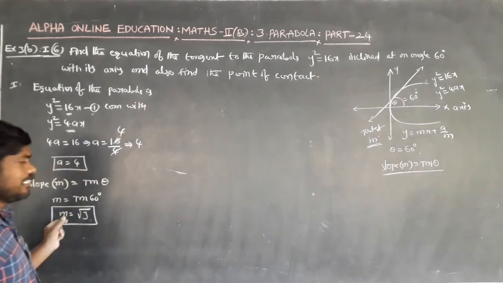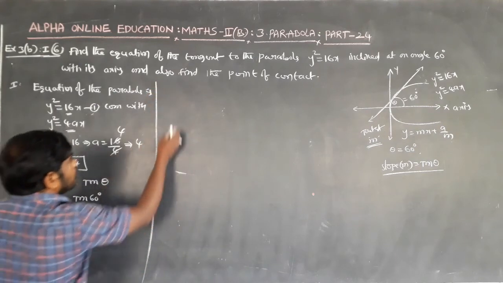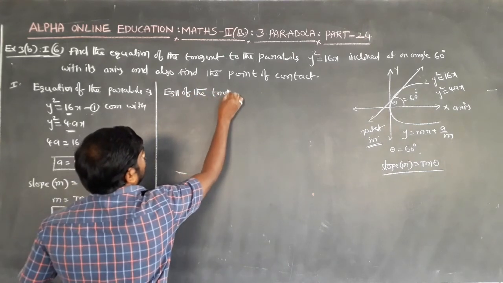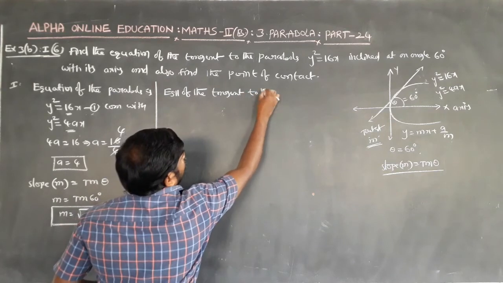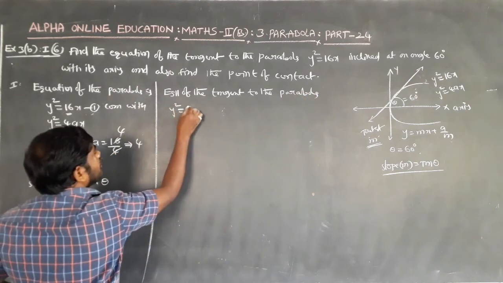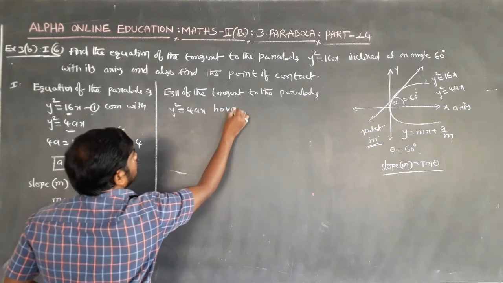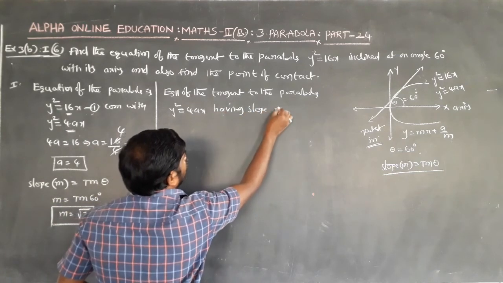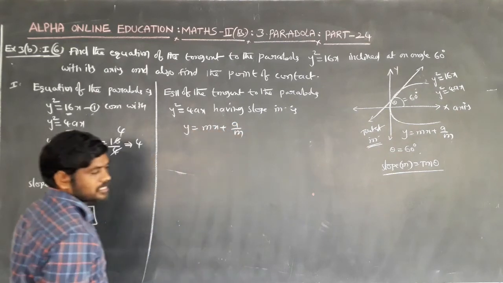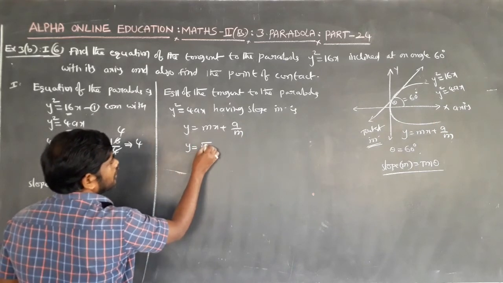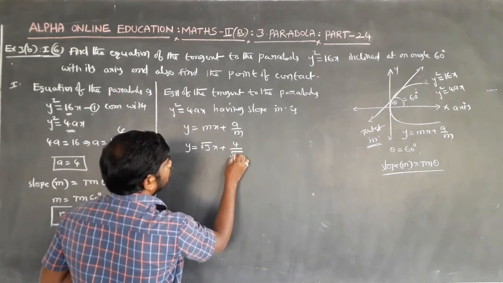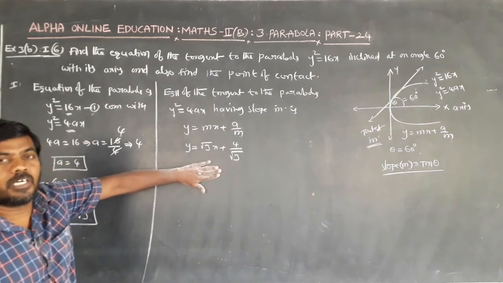Here the slope of the line is root 3. So y is equal to root 3 x plus 4 by root 3. This is the equation of the tangent.